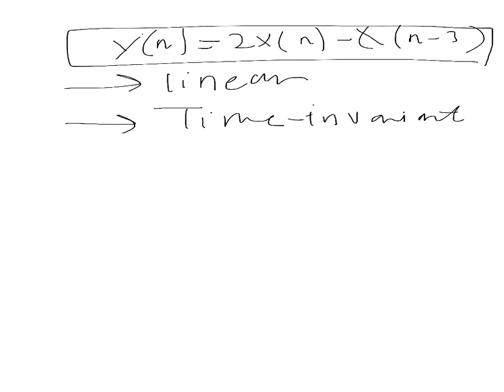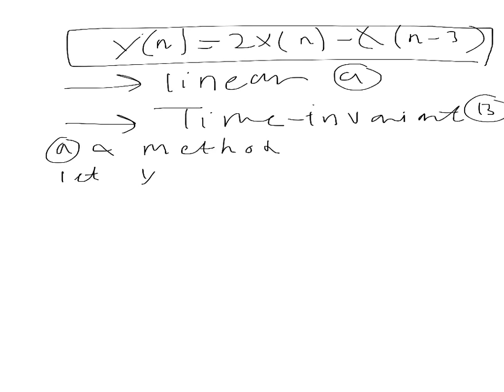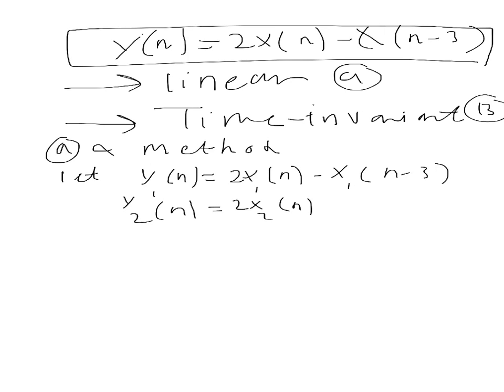For this one, let's say this is A, this is B. For A, I'm going to use the alpha method. So let y1 of n equals 2x1 of n minus x1 of n minus 3, and y2 of n equals 2x2 of n minus x2 of n minus 3.